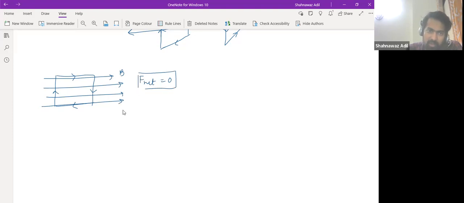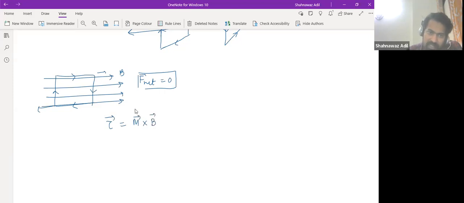One force would be in this direction, the other in the opposite direction, with the same magnitude. So F net in a closed loop is zero, but it will have some net torque, and that torque is given by M cross B.